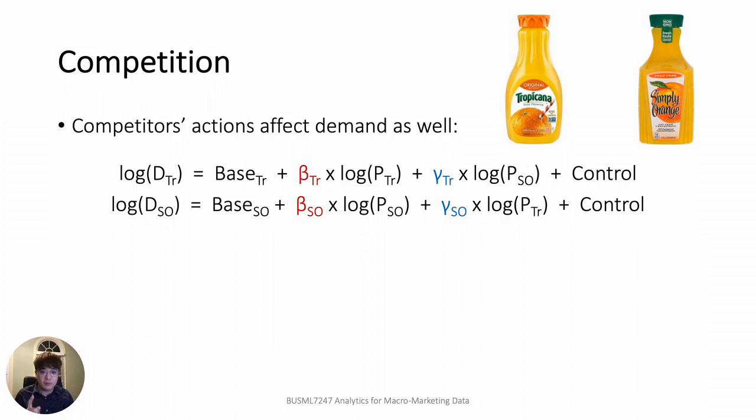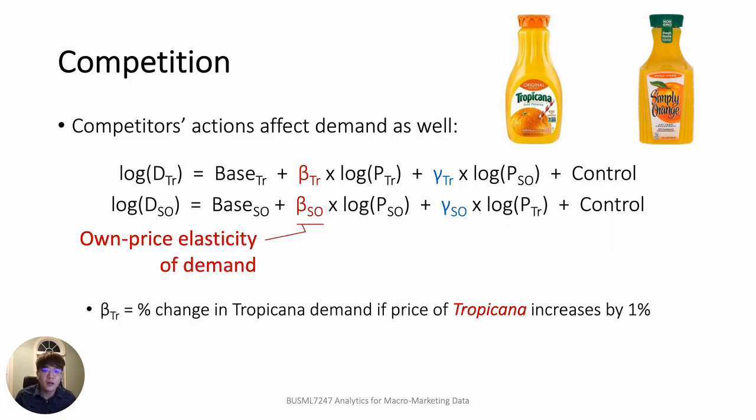Mathematically, a competition effect is described as another term in the model. Now, we have two different brands, Tropicana and Simply Orange. So I'm using two subscripts, TR and SO, which stand for Tropicana and Simply Orange respectively. Then, those betas indicate the own-price elasticity of demand for the brand.